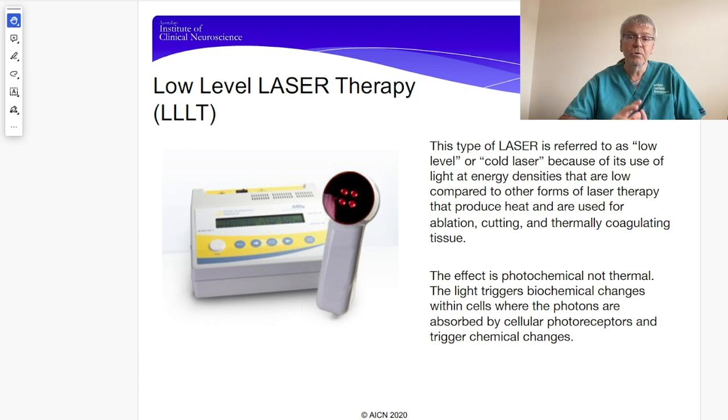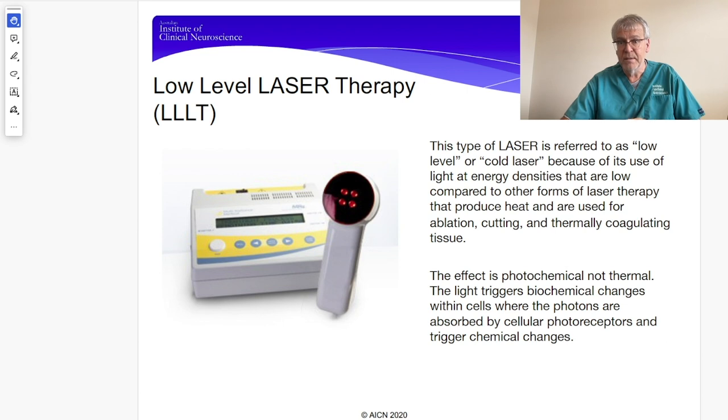Most of the effect of low-level light therapy is photochemical. In other words, it's caused by the light changing chemistry inside our body. It is not related to the heat produced by the laser. You wouldn't really want to use a laser to produce heat. For instance, if you wanted heat to go through a joint, that's probably not the most efficient way to do it.